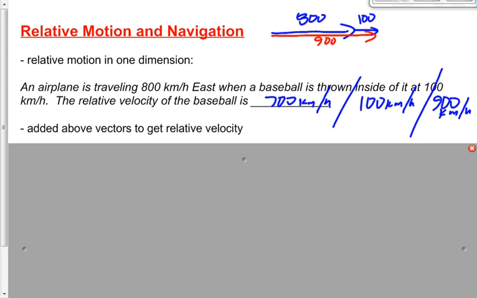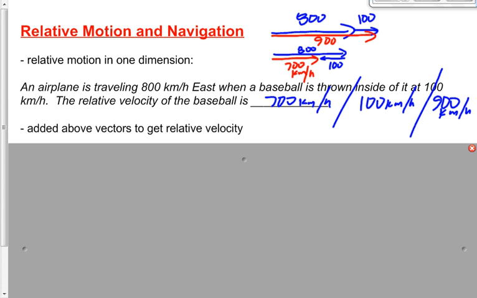If the baseball was moving to the west, then 800 to the east plus 100 to the west would give us a resultant vector or a sum of 700 kilometers per hour to the east. When we wanted to find the relative velocity, we added vectors together.